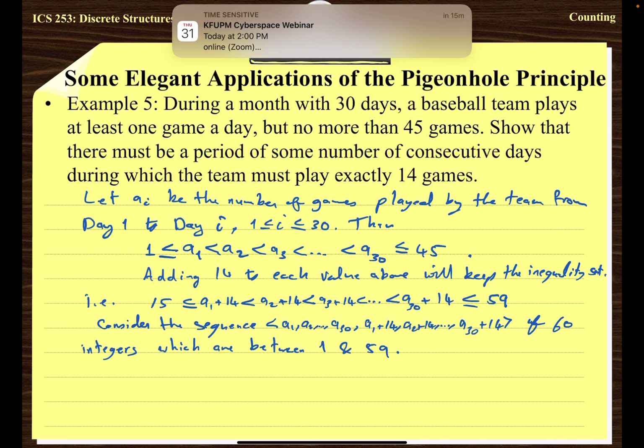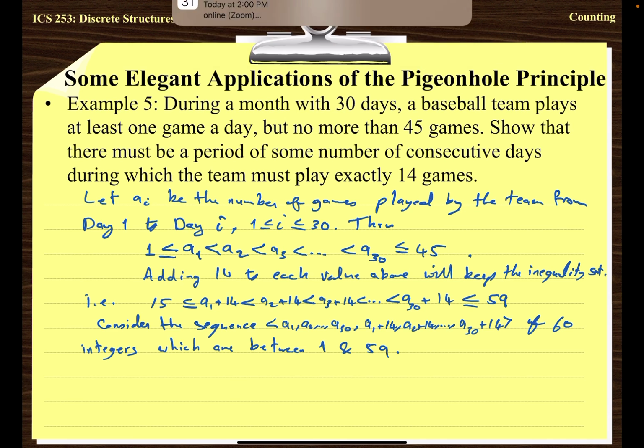If I have 60 numbers which are between 1 and 59, I know for sure that 2 are equal, صح ولا لا؟ طيب now let me ask you, could these two come from the first sequence اللي هي from A1 to A30?